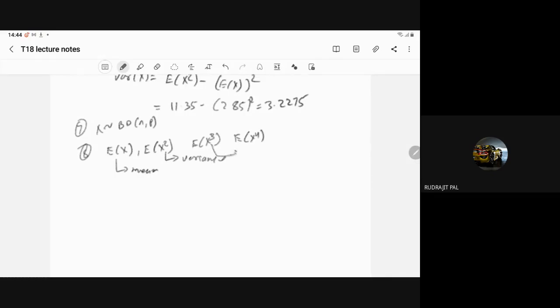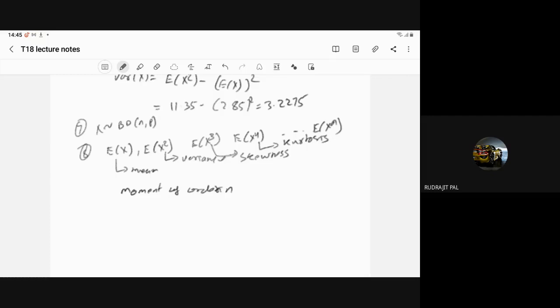From here we can compute the skewness, which is presently not in your course, and the kurtosis, or any order moment. E(X square), E(X cube), E(X to the power 4), up to E(X^n) are the moments of order n.